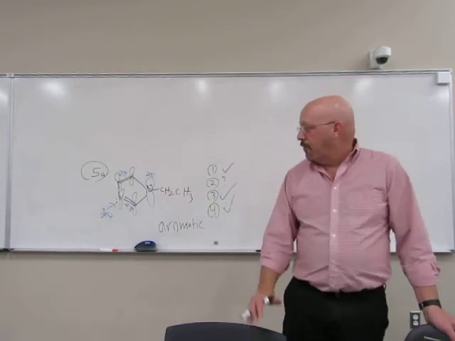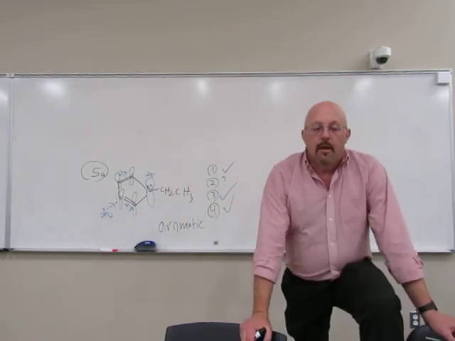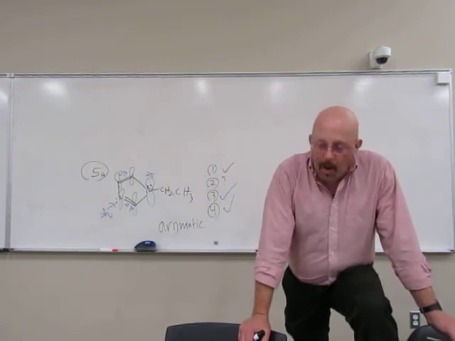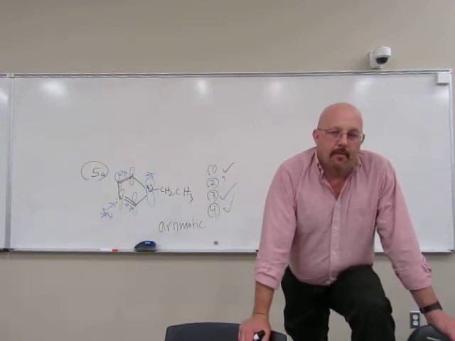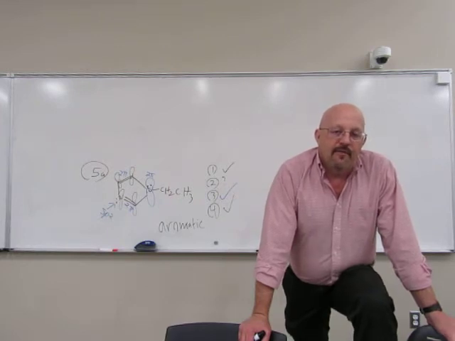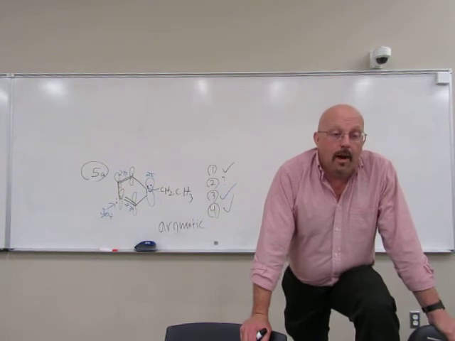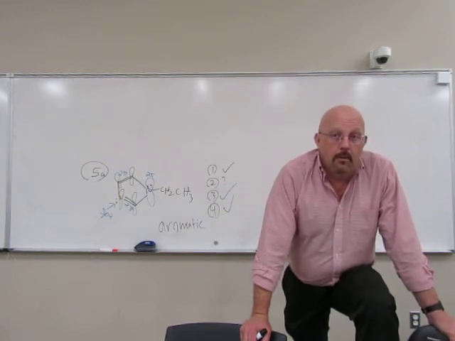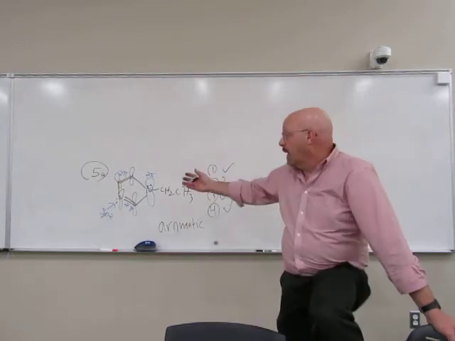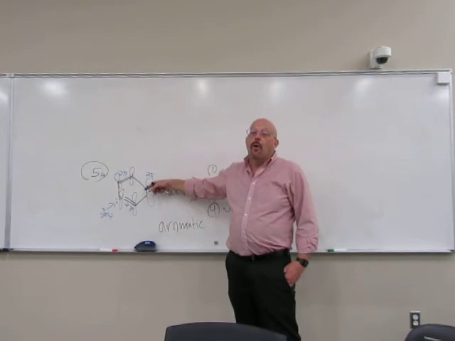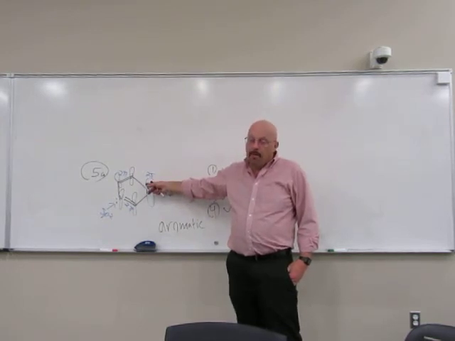So if you have a heteroatom in the ring, if it's involved in a double bond, you do not count the lone pair on that heteroatom. If the heteroatom is involved in all single bonds, then you count 1 lone pair. Only count 1 lone pair. Now nitrogen only had 1, but an oxygen would have 2 lone pairs, and you only count 1 of them because they can't both be in a p orbital. Only 1 lone pair can be in a p orbital.